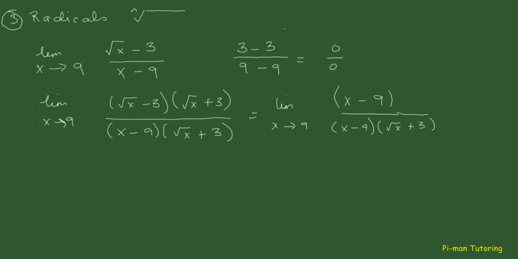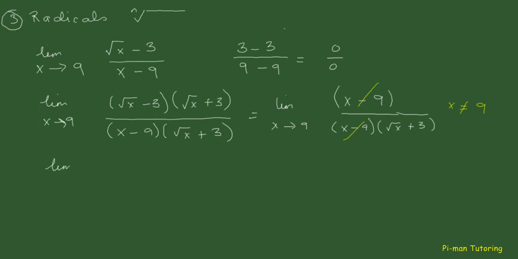And so once again, we are able to cancel top and bottom. There's a hole in the function at x equals 9. So we know that in this function x is not equal to 9. But that's okay because we're looking for the limit as x approaches 9.